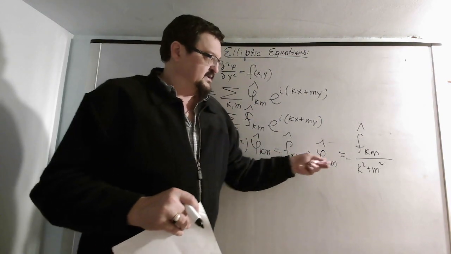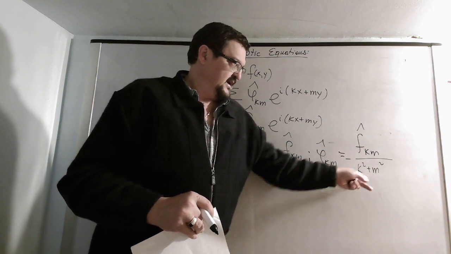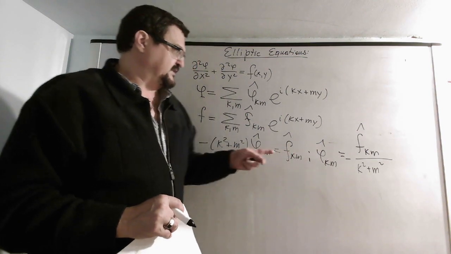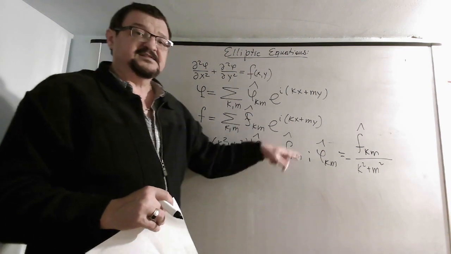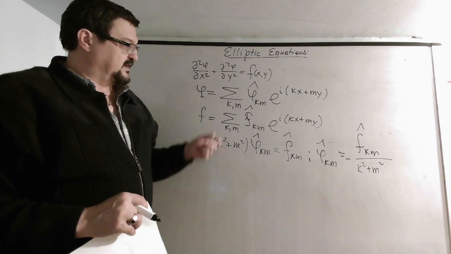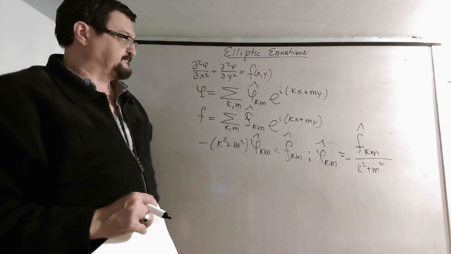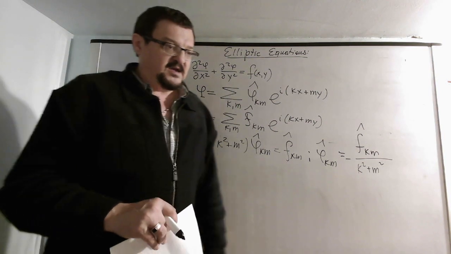You compute those by taking the Fourier coefficients of f and dividing by these wave numbers. After you find these coefficients, you reverse the Fourier analysis to synthesis and obtain your solution phi.